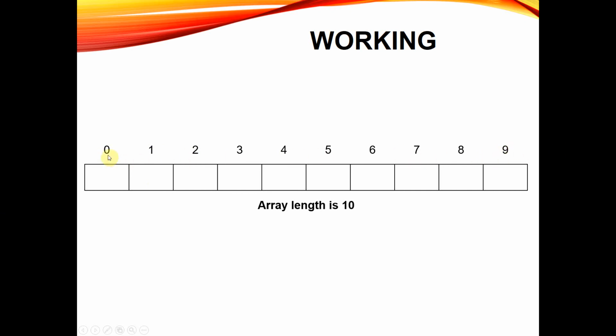Whenever you want to access an element of the array, you need to use these indexes. If you want to access the first element of the array, you need to use index 0, and if you want the last element of the array, you need to use index 9. So this is the first index of the array and 9 is the last index of the array.